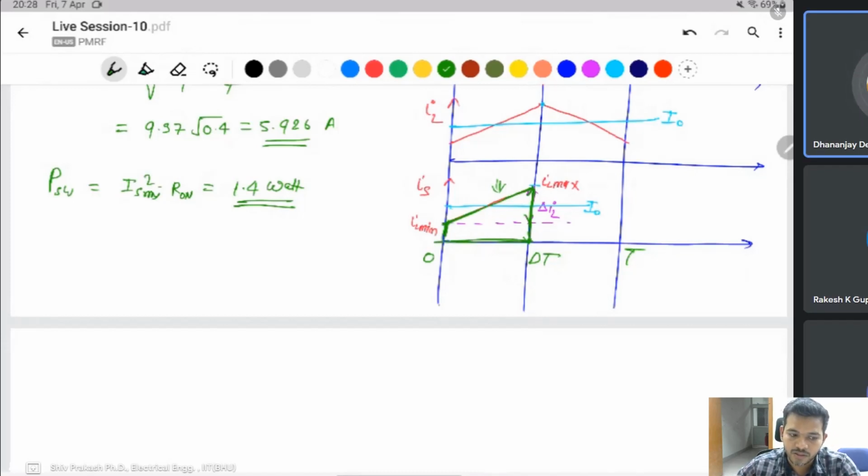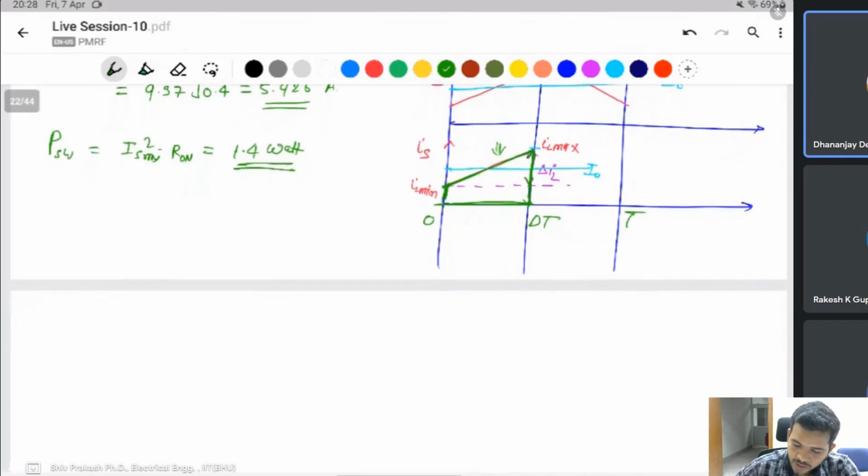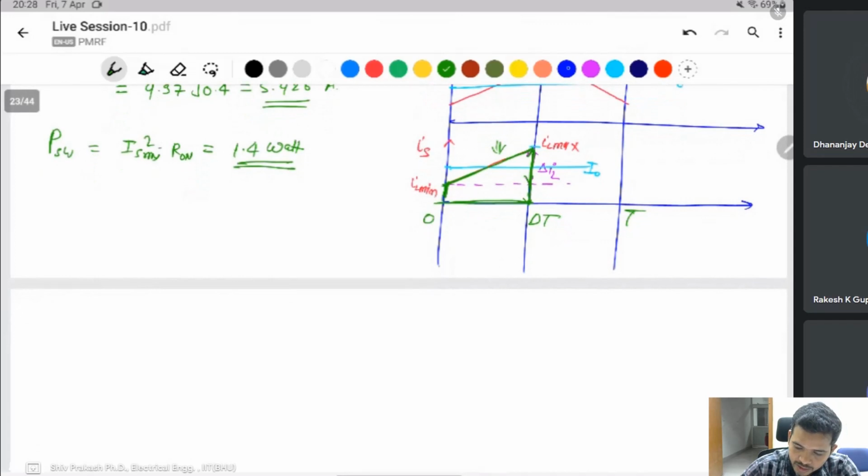I0 into root D plus delta L by root 3, bracket, square root 2. You can calculate it like that if you take it as a DC component plus an AC component. But this is not actually directly AC.